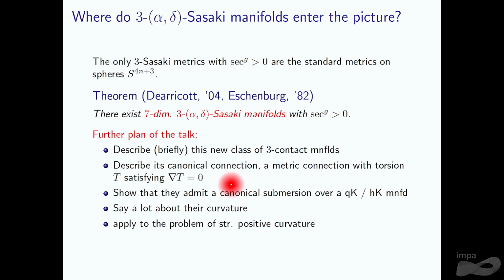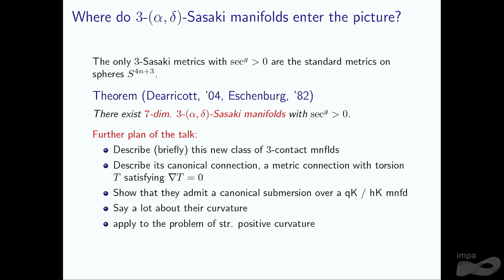And then, one of the advantages of this class of manifolds is that you can do a lot of curvature computations very explicitly. Basically, we know all components of the curvature tensor. Of course, they might be complicated, they depend on the geometry, but we have them.